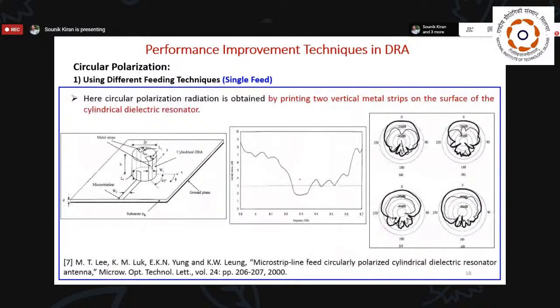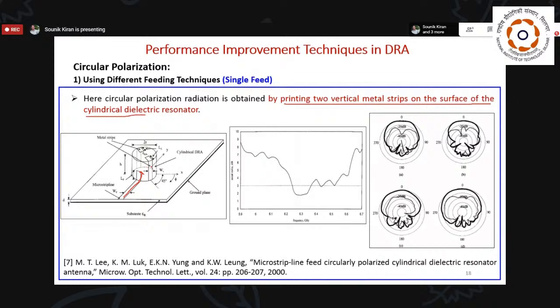And if you look at here, some authors have also produced some work, again using a single feed. Here they have printed two vertical metal strips on the surface of the cylindrical dielectric resonator. What they did here, they have just used microstrip line coupling, not any slot or anything.